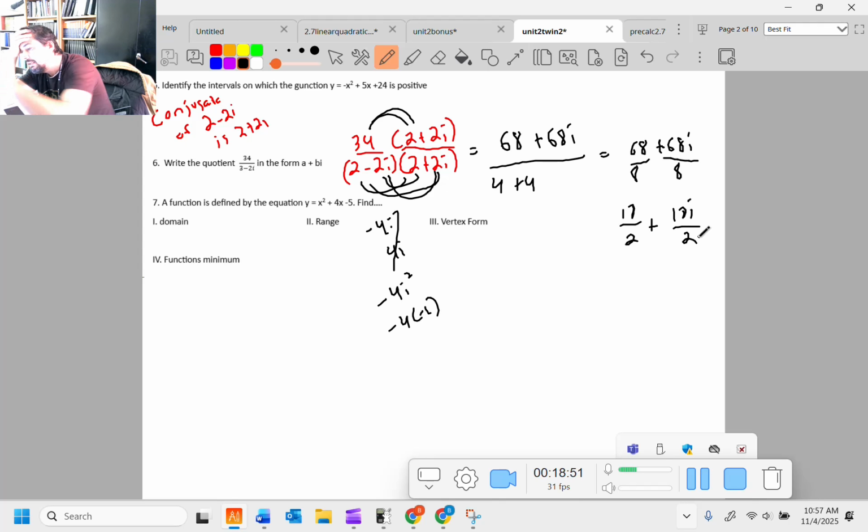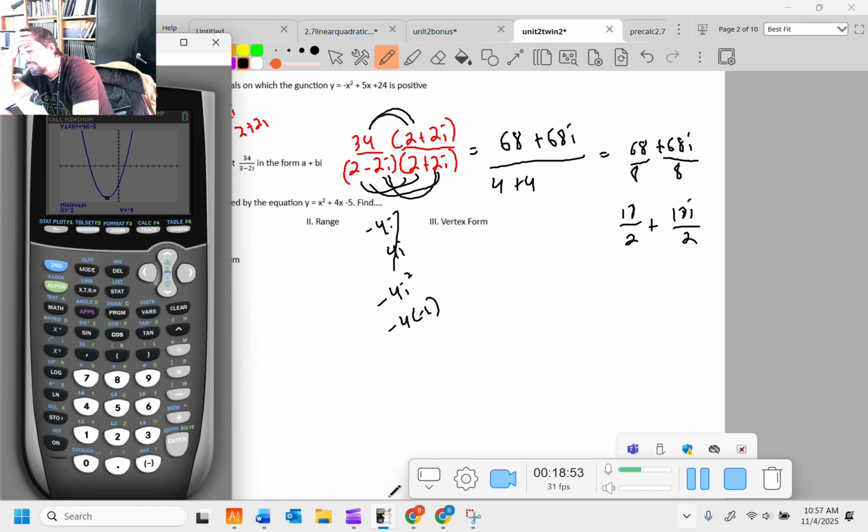And there you go. Now watch this. Let's bring up my fraction command, the math n over d. It'd be really cool if Spencer was watching this. 34 over, oh man, I'm glad I did this because I made a typo and I've got to redo my math here. I for some reason saw 2 minus 2i and it's 3 minus 2i.